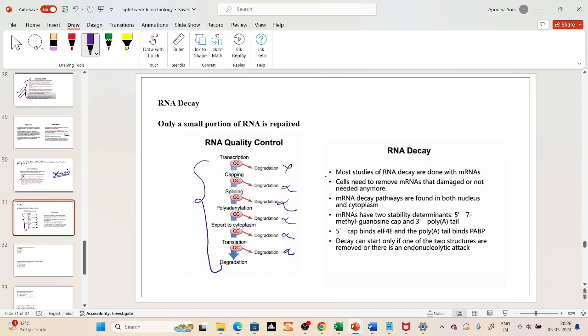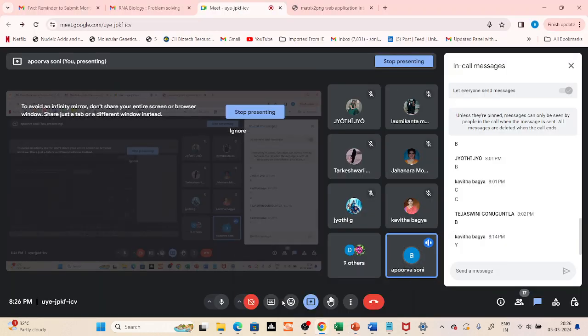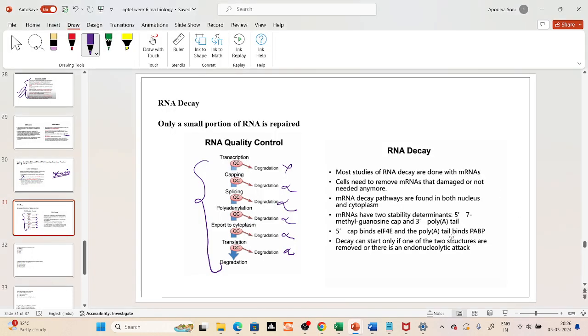So apart from the biogenesis of microRNAs, RNA production, transcription, RNA processing, post-processing regulation, and import and export of RNA, there is one more phenomenon which is known as RNA decay. So, what is RNA decay?